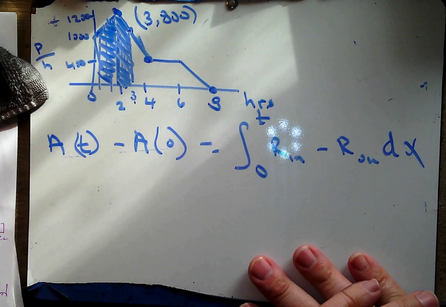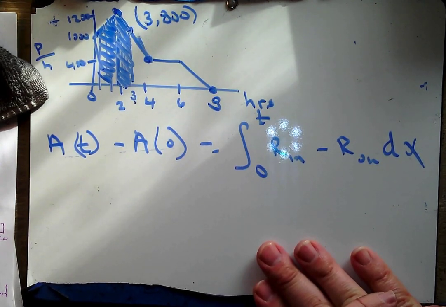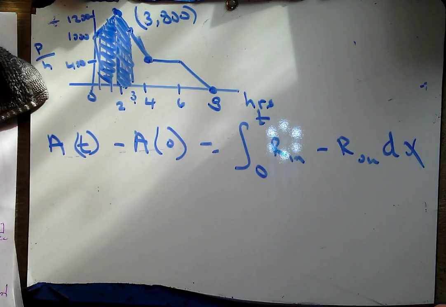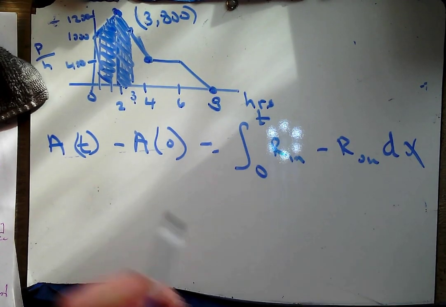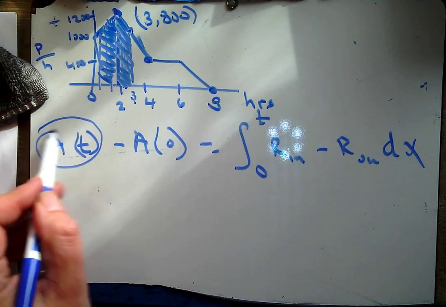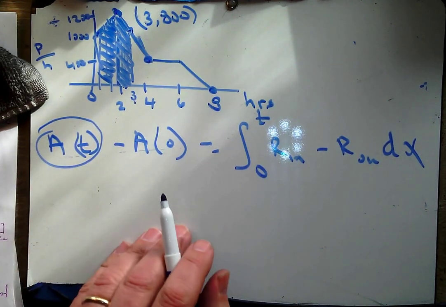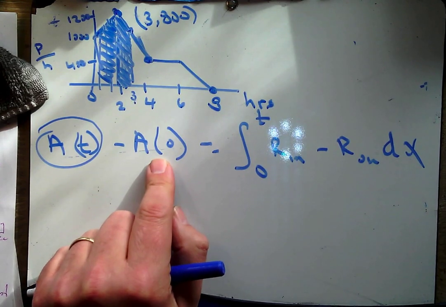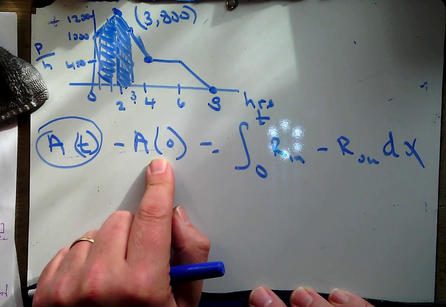Now, what we want to know is whether the line is getting longer or shorter between time equals 2 and time equals 3. So, I want to know if A, the number of people in line, is getting longer or shorter. I do know the number of people at time equal to 0. They said there were 700 people in line when we began operation.